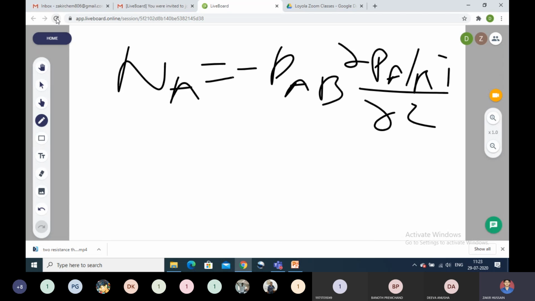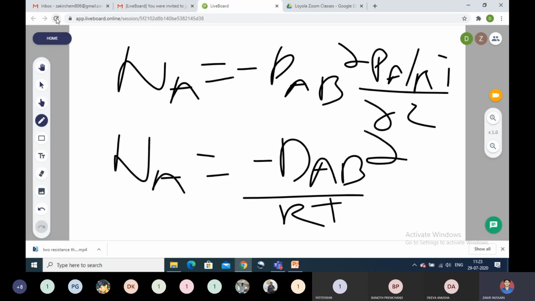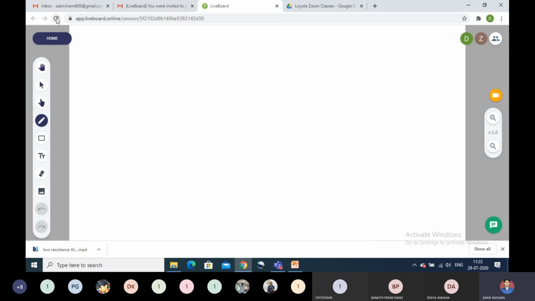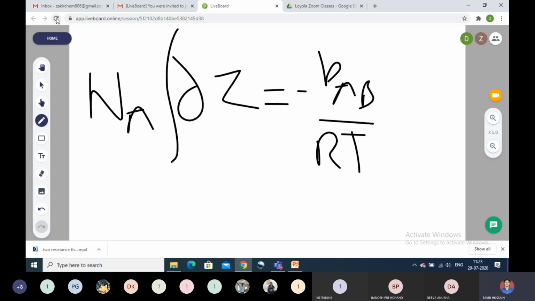So NA is equal to minus DAB dou (PA by RT) by dou Z. RT is not a variable, so we can separate it from the derivative and write dou PA by dou Z. Similarly, separating the variables, NA dou Z is equal to minus DAB by RT times dou PA.